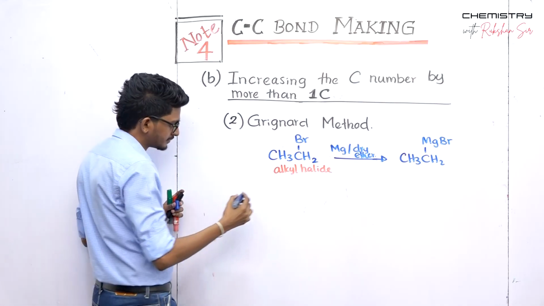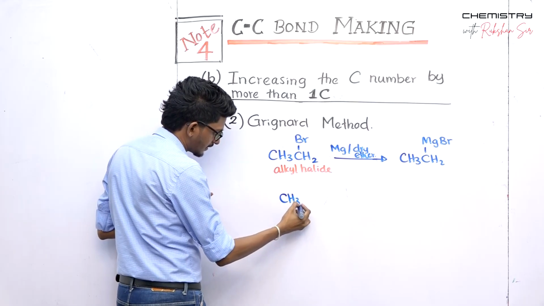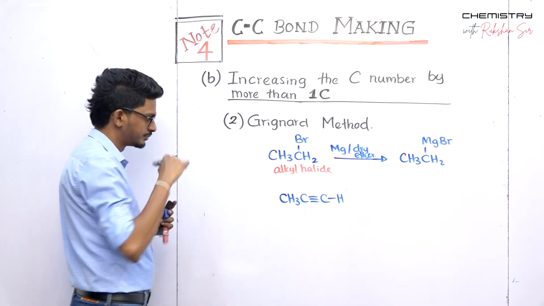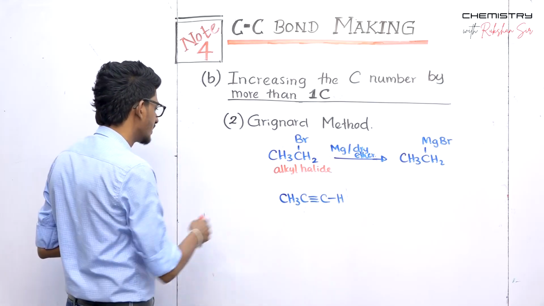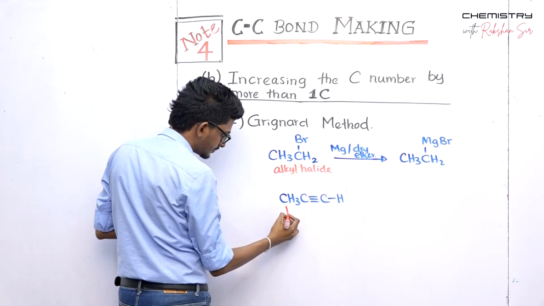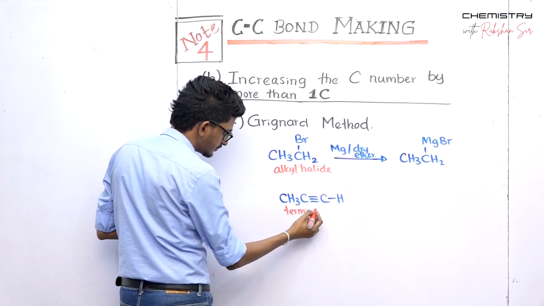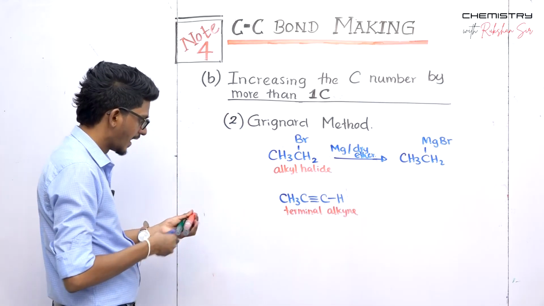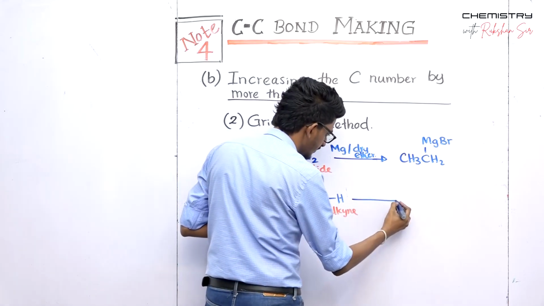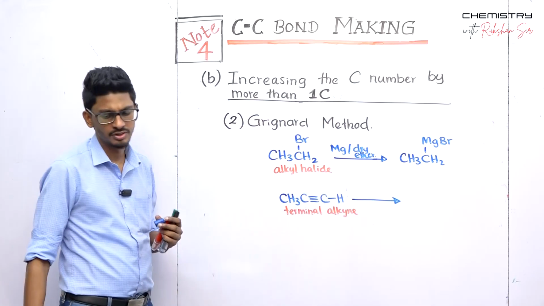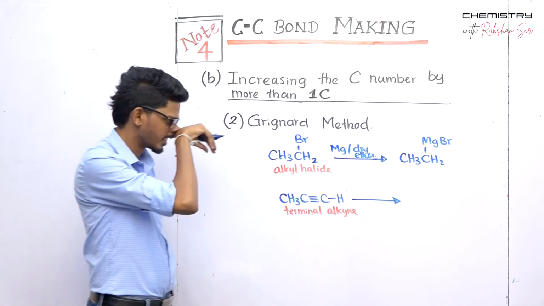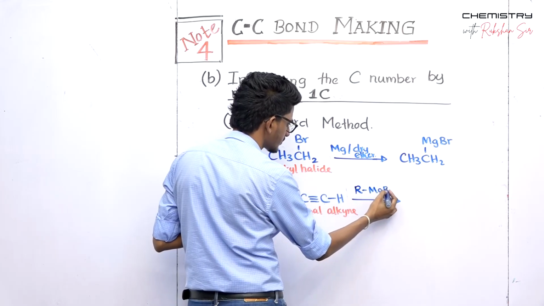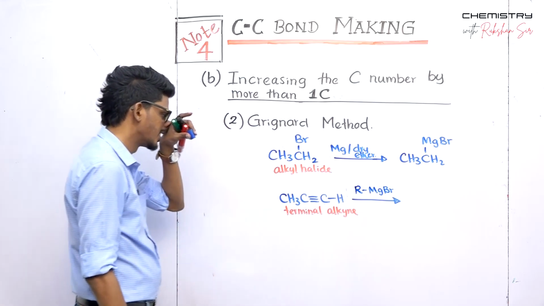Another method is there. You can take a terminal alkyne, which was discussed with the alkynes, and add any Grignard reagent, any RMgBr, to it.